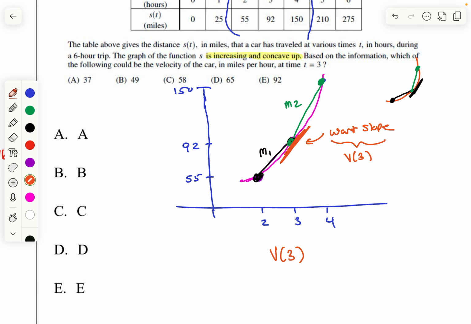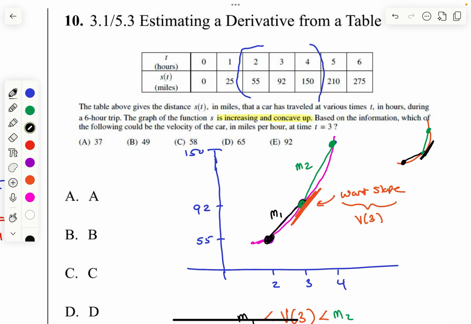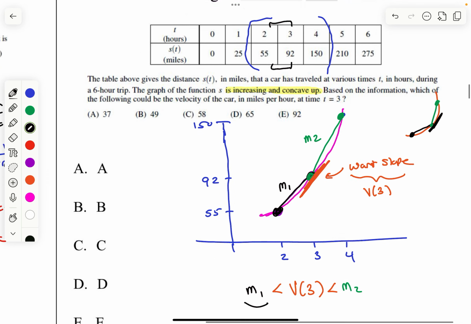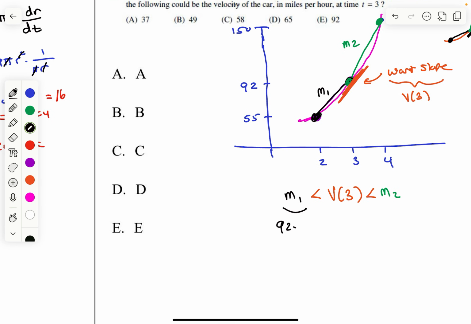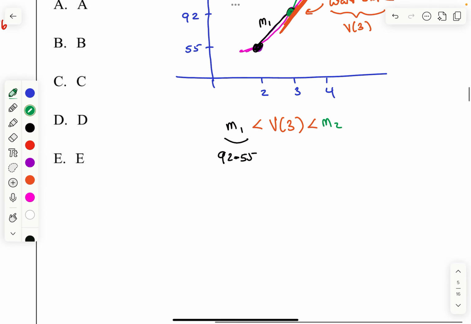That value has to be bigger than M1, that slope, but not as big as M2. M1 is just the secant line, so it's 92 minus 55 over 1. And M2 would be 150 minus 92 over 1.